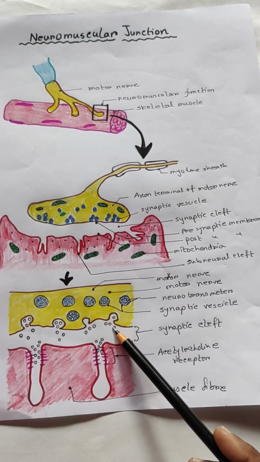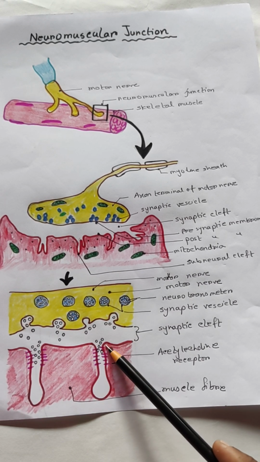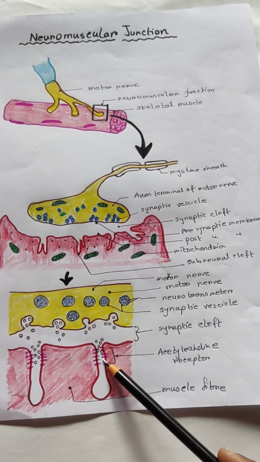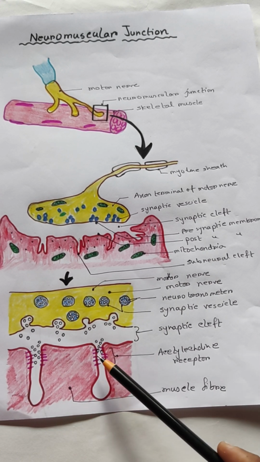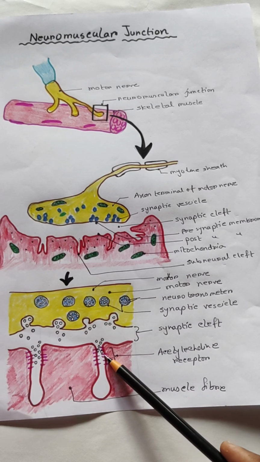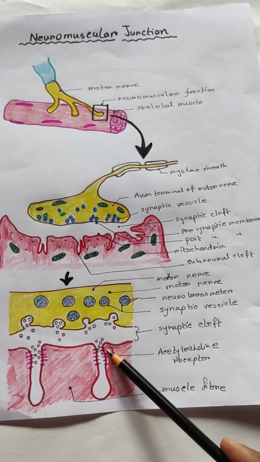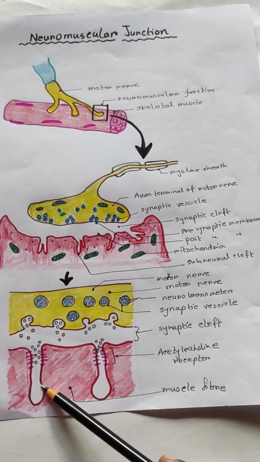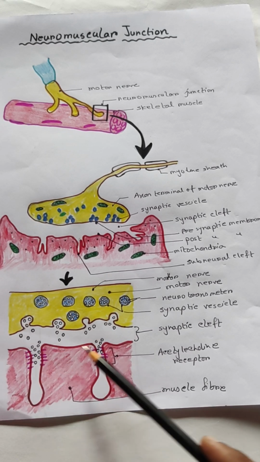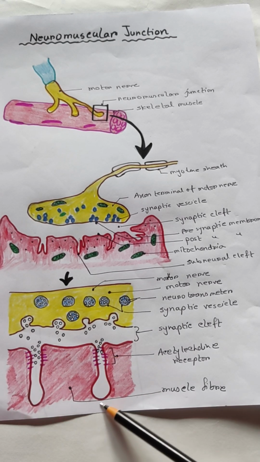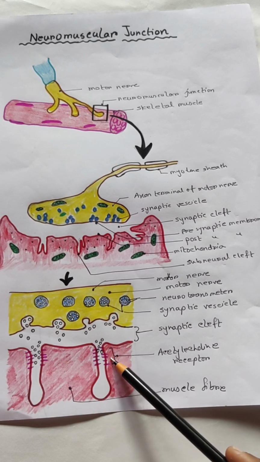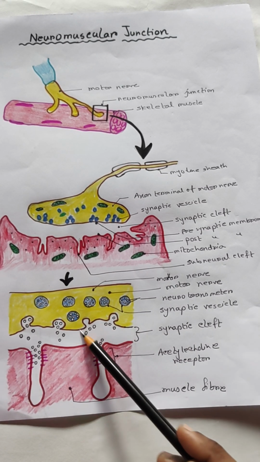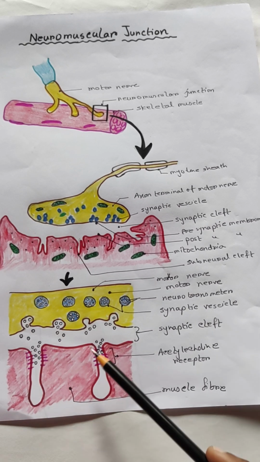That acetylcholine comes in contact with the muscle, and the muscle also has some receptors that receive the acetylcholine. So there are acetylcholine receptors on the T tubule. I have explained already that there is an invagination on the sarcolemma that forms the T tubule. Within the T tubule there is an acetylcholine receptor. That acetylcholine receptor receives the acetylcholine. Okay.